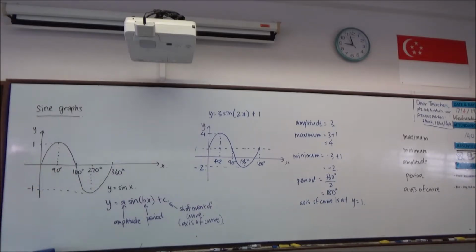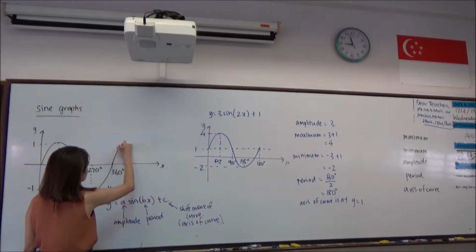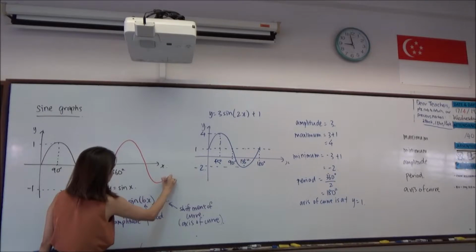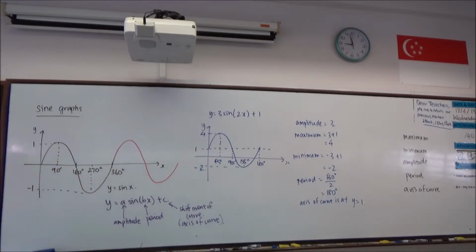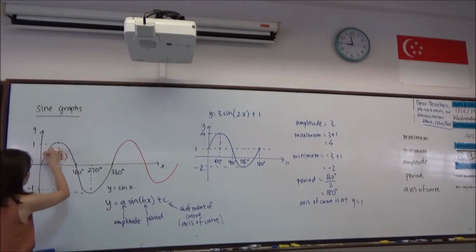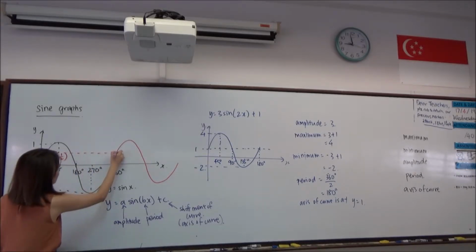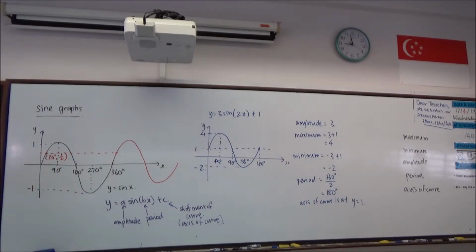If I were to have 2 cycles of graph, okay, if I were to have one point over here, and maybe let me just give it to be 30 degrees, and sine will be actually 1/2, right? 30 degrees and a half. Okay. If I want to know what is this point over here, it shares the same y value.